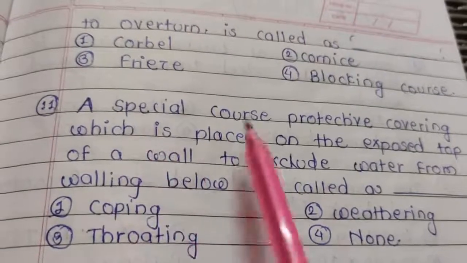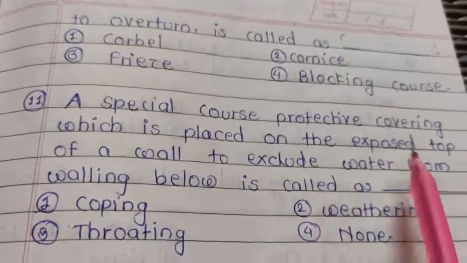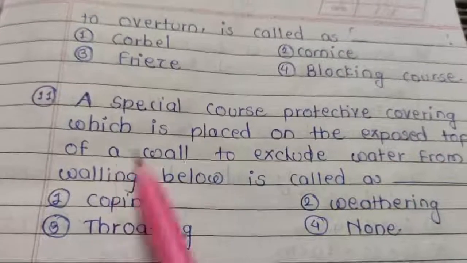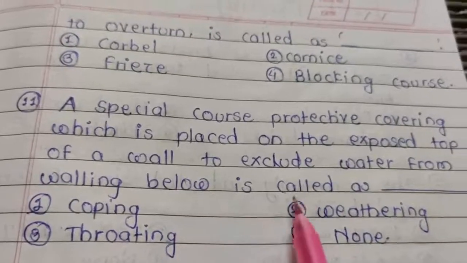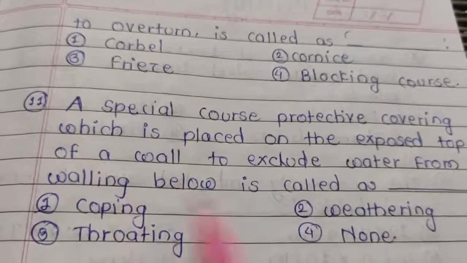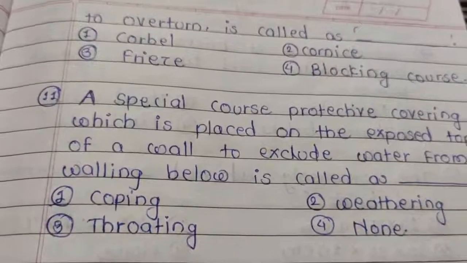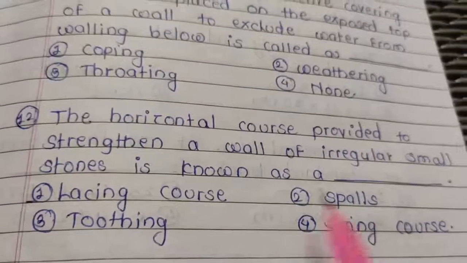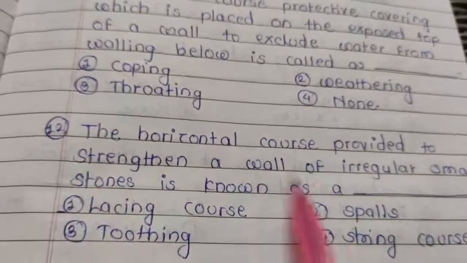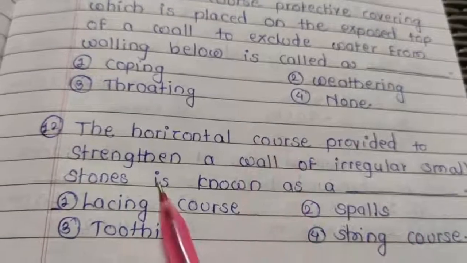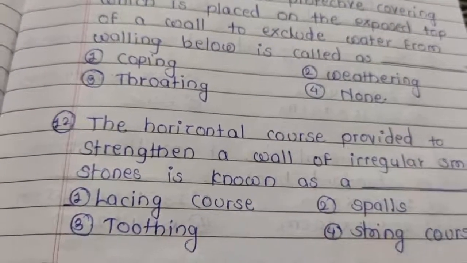A special coarse protective covering which is placed on the exposed top of a wall to exclude water from walling below is called as coping, weathering, throating, none. Answer is coping. The horizontal course provided to strengthen a wall of irregular small stones is known as lacing course.